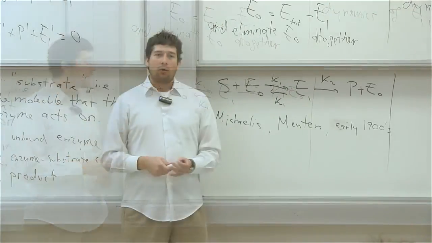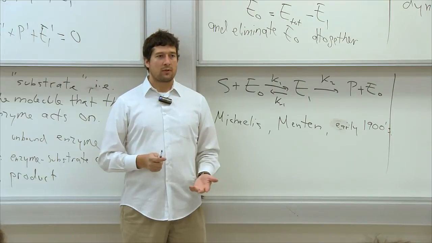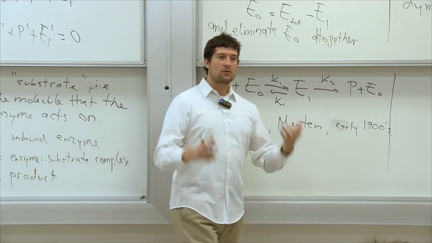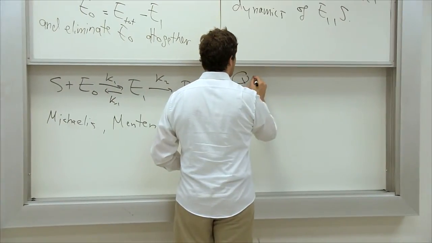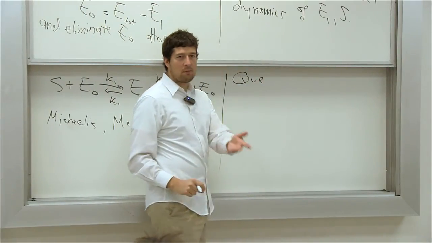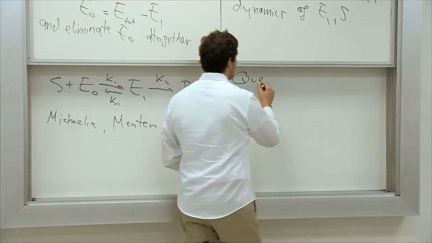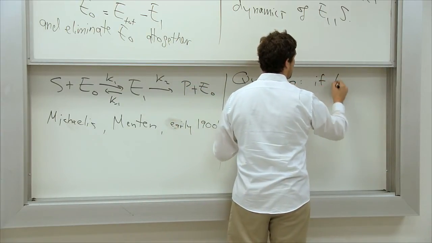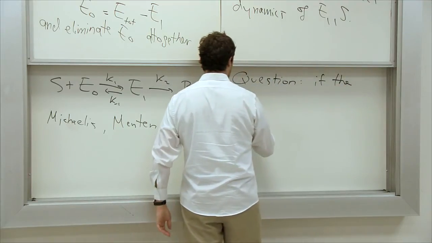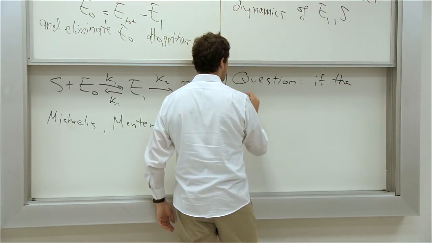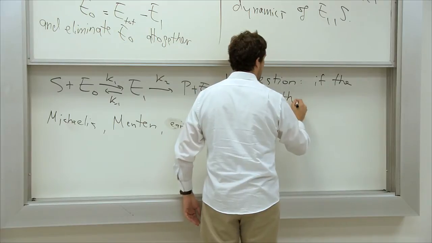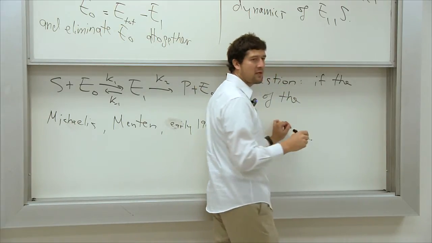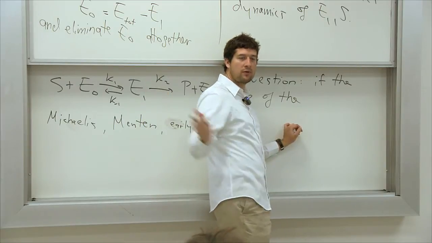What are we going to do with this model? Why is it so important? Well, it's important because it describes the way that enzymes act on substrates. But here's the question that Michaelis and Menten were interested in. Let me ask a question in terms of the food and the receptor, you know, the example.